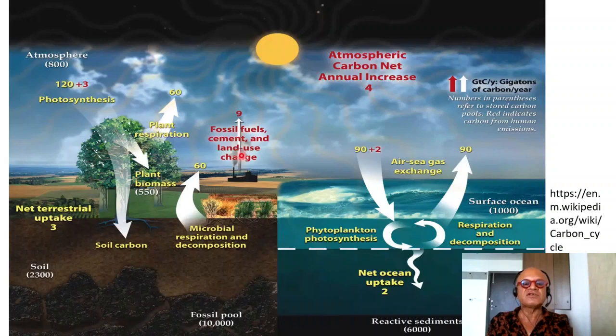The number here, fossil fuel, cement, and land use changes at 9 gigaton carbon per year. Okay, so the numbers in parentheses here refer to stored carbon pools that we are looking at like before. The main thing I wanted to point out is that the atmospheric reservoir size keeps changing, or amount of total carbon in the atmosphere and ppm keep changing, because we are constantly adding fossil fuel and other anthropogenic fluxes.